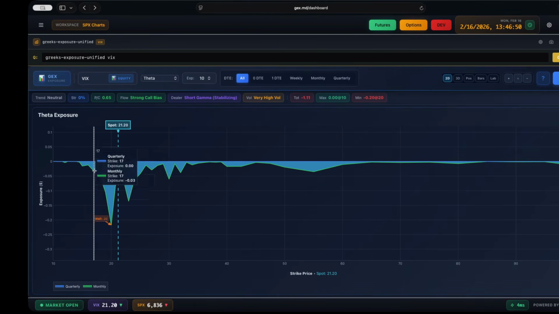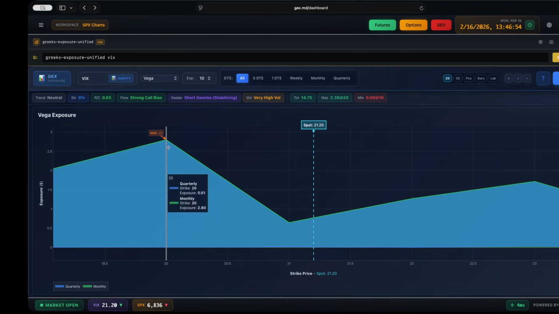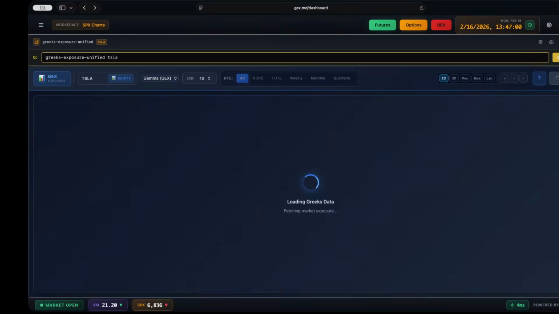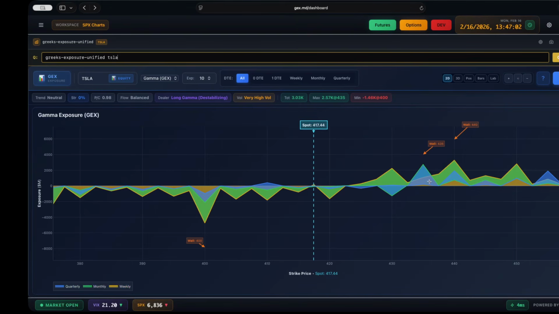It's another one here. So you can do it for the theta. You can do the vega. You can do it for anything, no matter what. See the Tesla positioning right here. You type where you're going to go, here or there, and then you can get it.